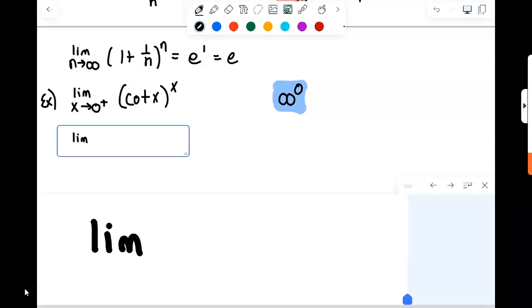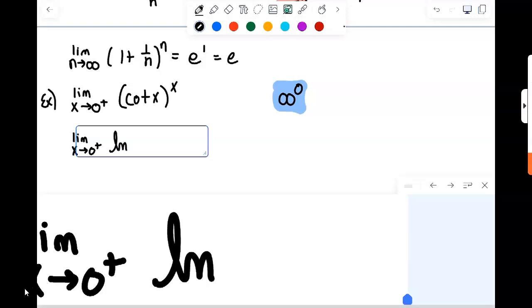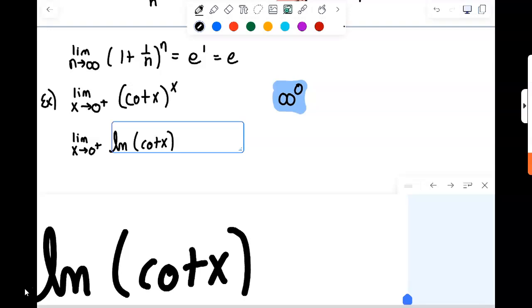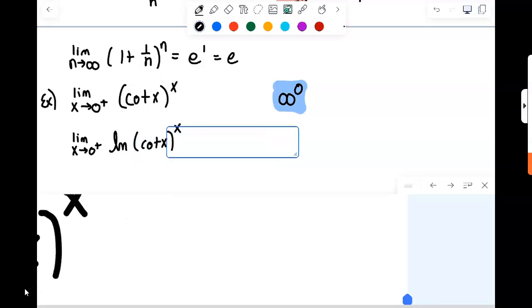So limit as x approaches 0 from the positive direction of the ln of the cotangent of x to the x power. Okay, so using our properties of logarithms, we bring the exponent out.